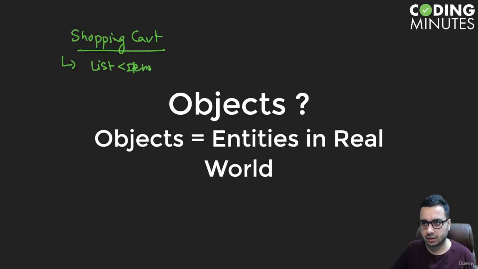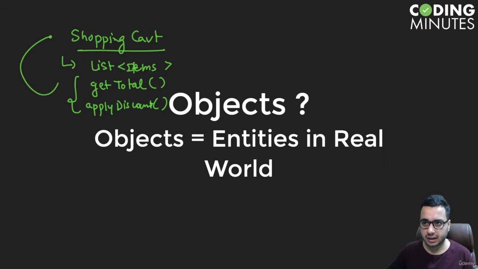It may have a method to get the total sum, which would iterate over the list of items and find out the total. And maybe there is a method known as apply discount. So you can see all these methods and attributes are connected with one entity, that is the shopping cart. So it doesn't make sense to make them independent functions. We want to implement these functions as a part of a shopping cart.